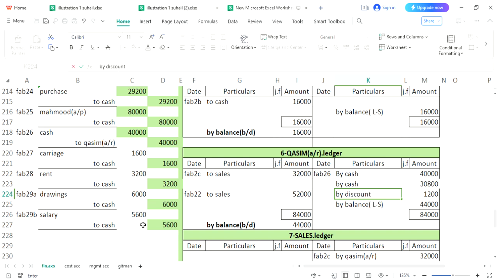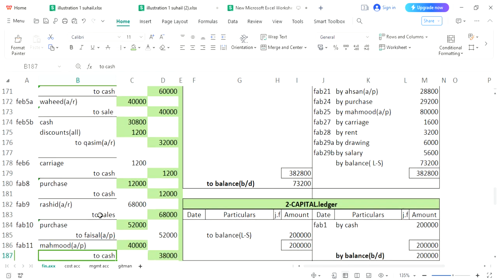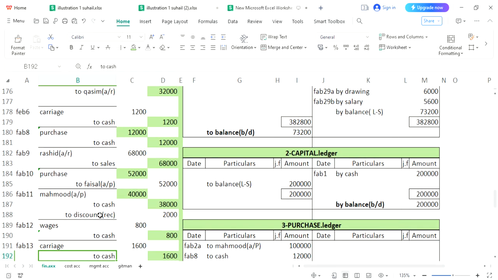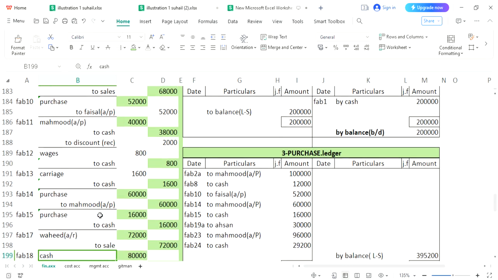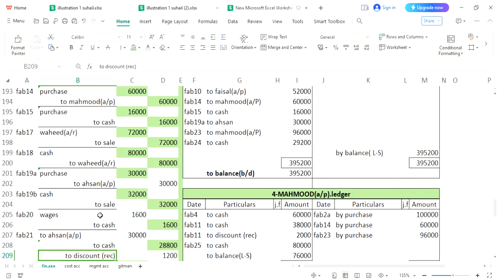We remember the reference was buy cash for 30,800 and buy discount for 1200. So it's time to see if Qasim is present after 32,000. This entry has been completed, so we are marking it as a completed entry. And next step is to see if Qasim is present anywhere else. We'll have to be very careful now, going downward and searching for Qasim both on debit and credit side.